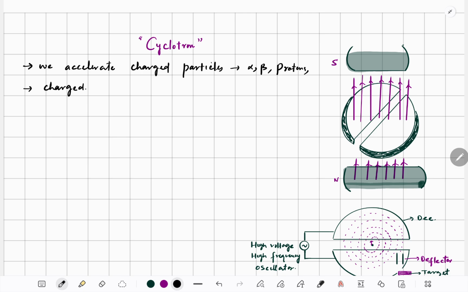Then whatever applications you're going to use those faster moving charged particles for depends on the case. In radiation physics, we target these charged particles at a tungsten filament, from which X-ray radiation is produced.